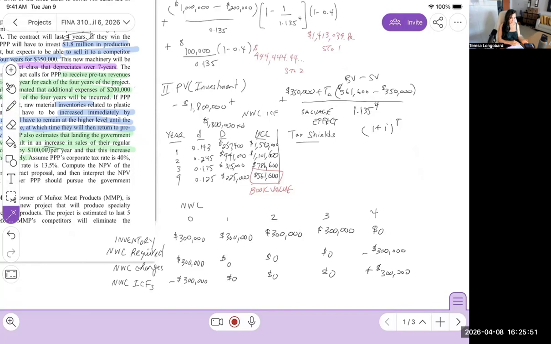Okay, so what is it? It's going to be the present value of net working capital investment cash flows is equal to negative 300,000. So that's immediate. And then later in year 4, 300,000, but discounted for 4 years.